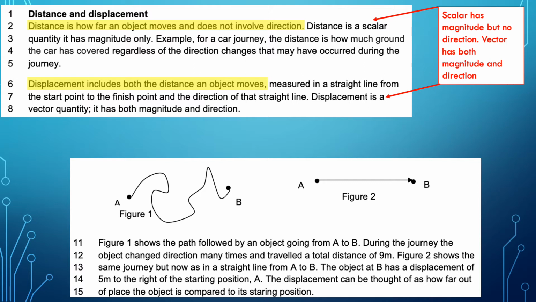So we're going to look at the example for distance. It says, example, for a car journey, the distance is how much ground the car has covered, regardless of the direction changes that may have occurred during the journey. So if you've ever driven a car, you'll know that on the dash, there's a really big number, right? It might say like 20,000 miles, basically the amount of miles that car has driven over its lifetime.